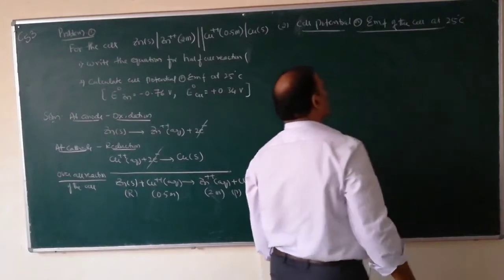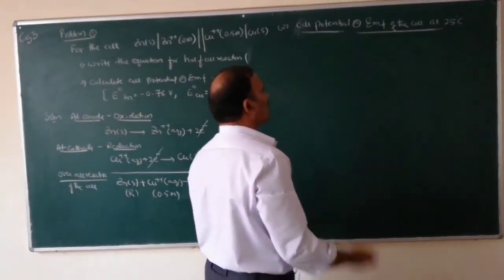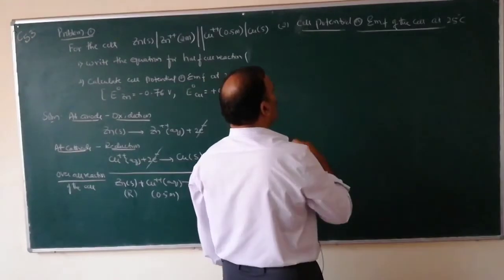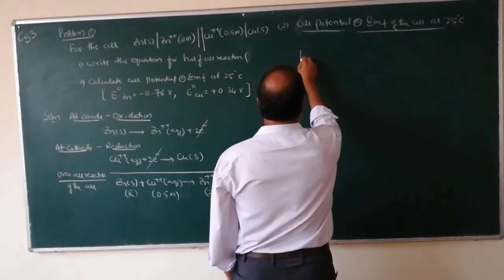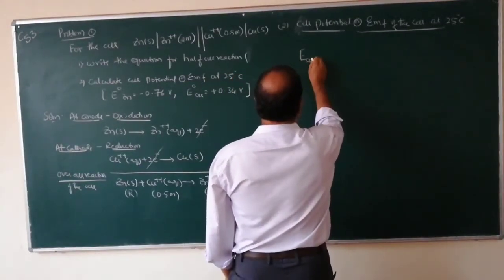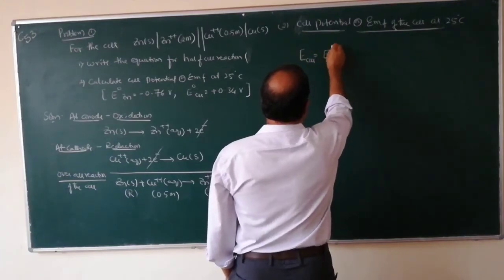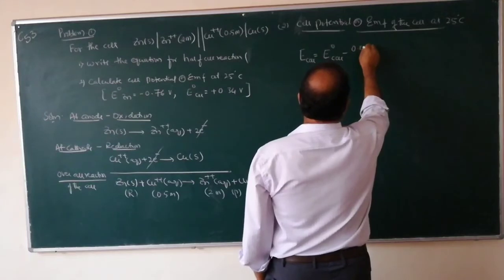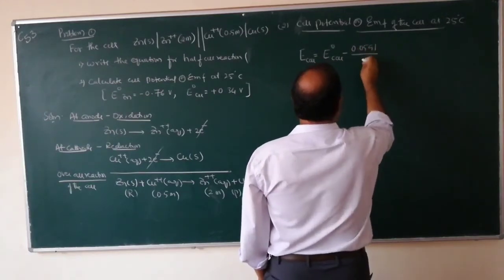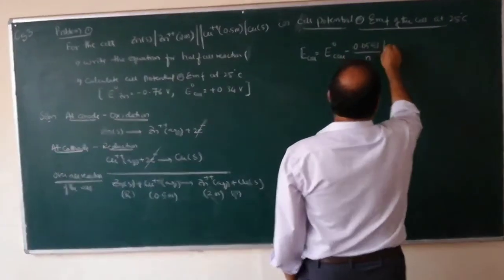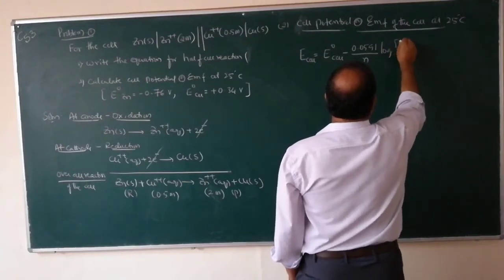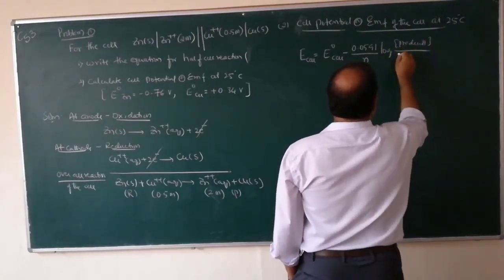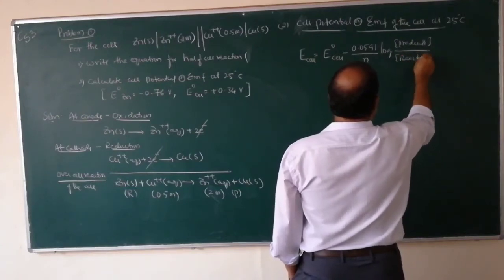At 25 degrees centigrade, what is the expression for cell potential or EMF of the cell according to the Nernst equation? That is E cell equals E naught cell minus 0.0591 divided by n log of concentration of products divided by concentration of reactants.